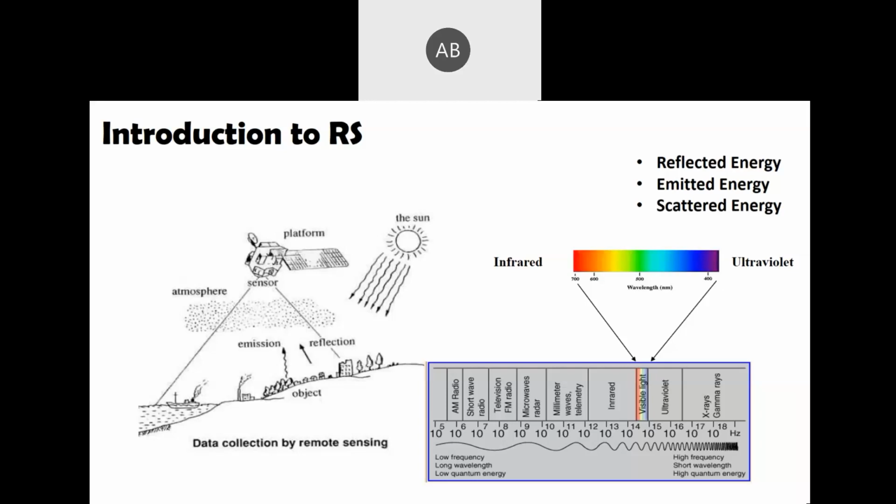Understood? So all these particles influence the property of the reflected wave from the building. You have to correct the signal that is coming from the building. This is known as atmospheric correction.